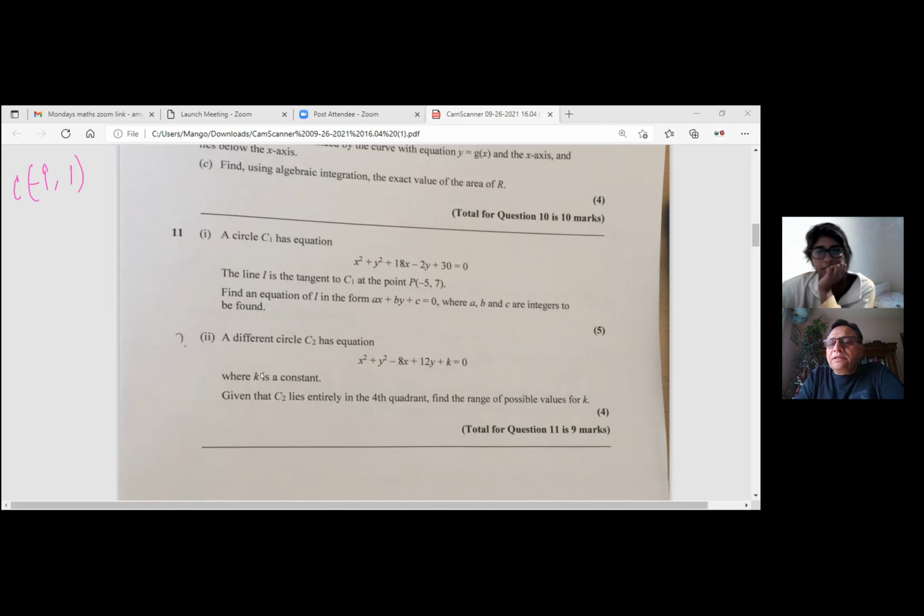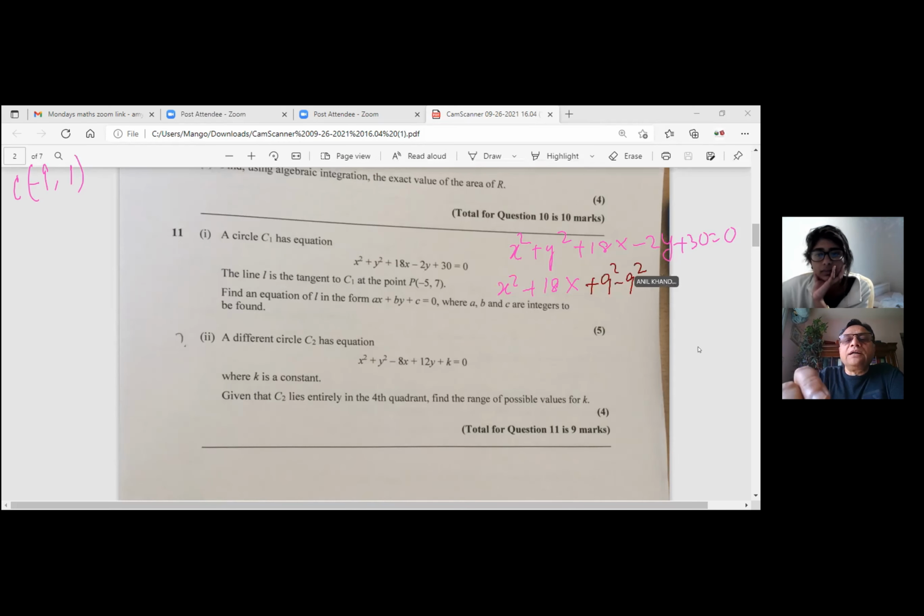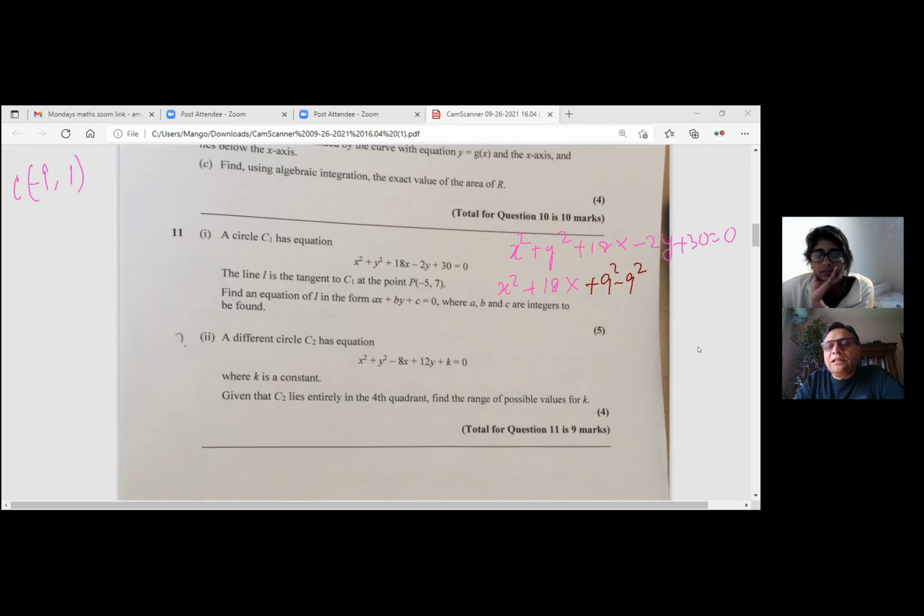And for the benefit of all others, how do we get this? We adopt the method of completing the square. Half of 18 is 9. I'll rewrite the equation as x squared plus y squared plus 18x minus 2y plus 30 equals 0. We arrange the x terms, x squared plus 18x, and to this we add and subtract the square of half of 18, which is 9 squared. That doesn't change the equation, but gives us a perfect square.